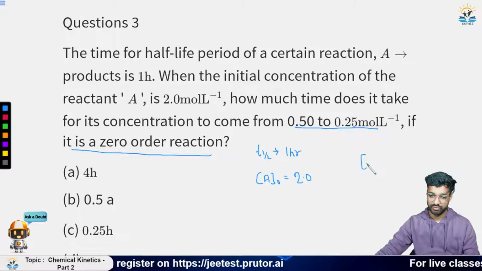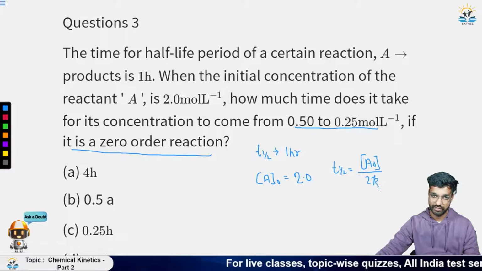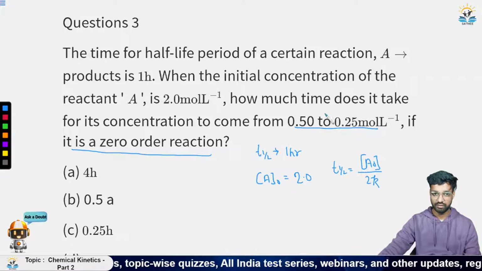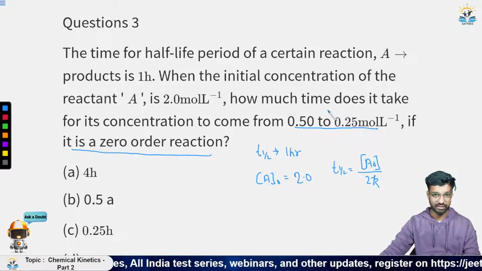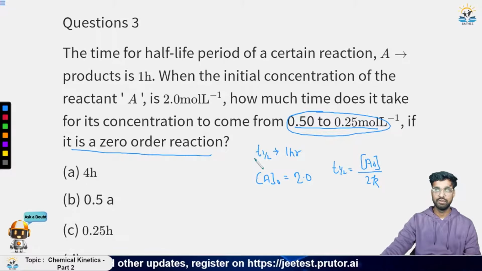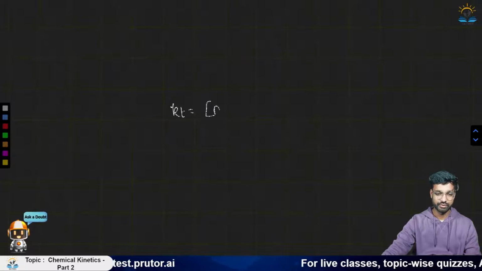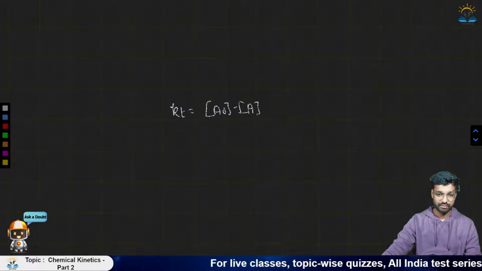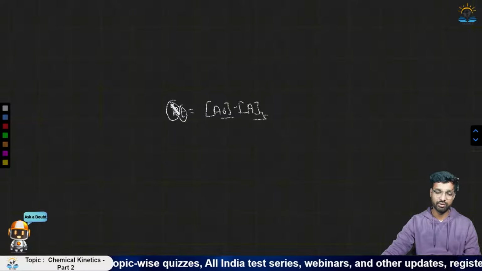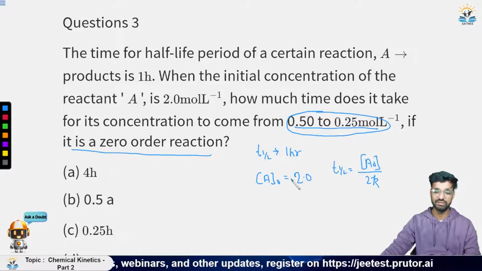If you remember the formula for half life, it is t half is equal to A naught by 2K. Then we use the formula Kt is equal to A naught minus At. We are given the initial and final concentration and we have to calculate the time t, but for that we have to calculate the value of k, which we will calculate using the half life information.